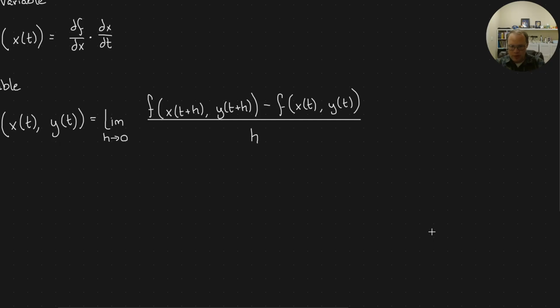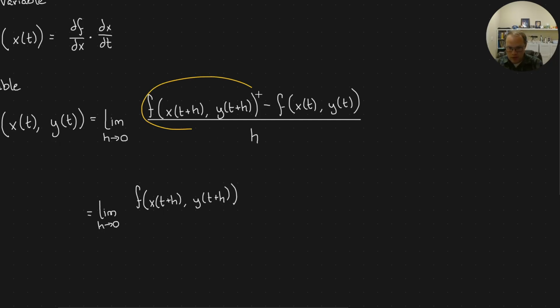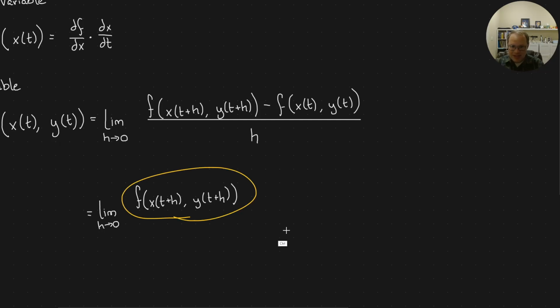So we're going to need some room here. So what I'm going to do, I'm going to split this into multiple fractions. Okay? So I'm going to start with this that we already have, but instead of allowing both x and y to change at the same time, I'm going to leave one of them fixed.